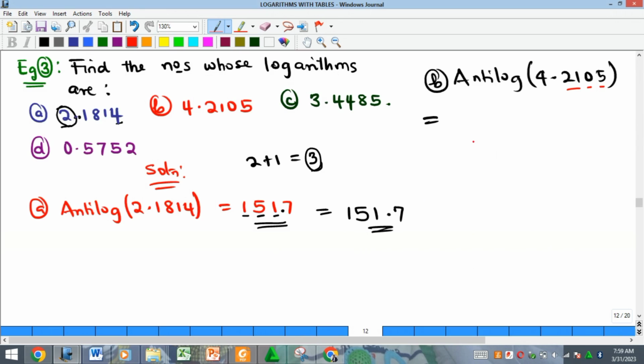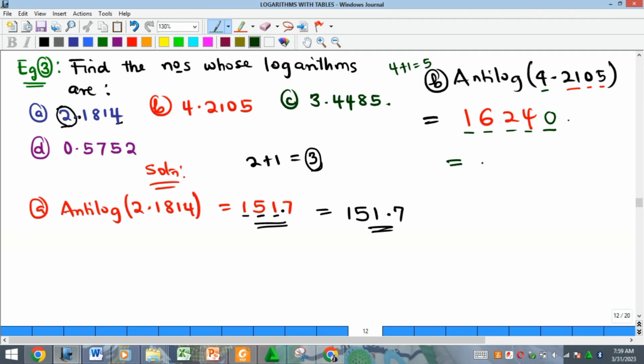Let's bring that here. So we have 1624. Okay, so the question now is, where will our decimal point be? From the characteristics, we are going to have 4 plus 1, and that will give us 5. So we are going to count 1, 2, 3, 4, then 5, which is where after the fifth digit we should have our decimal point, and there is no digit here, so we'll add 0 to it.